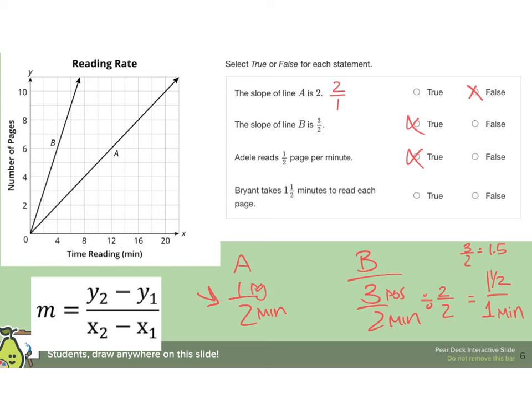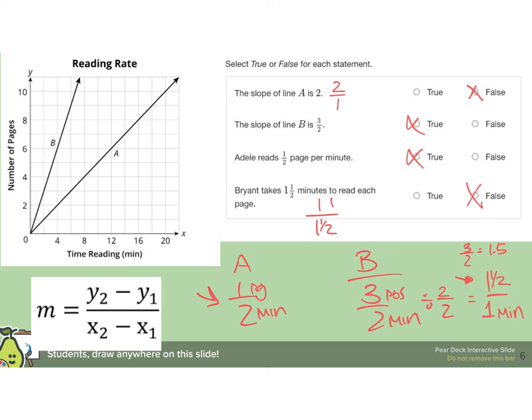So he doesn't read 1 page in 1.5 minutes. He reads 1.5 pages in a minute. So they flip this, right? This one is confusing. It might make you want to say yes, but this is false because this is 1 over 1.5, but that's not what we figured out, right?